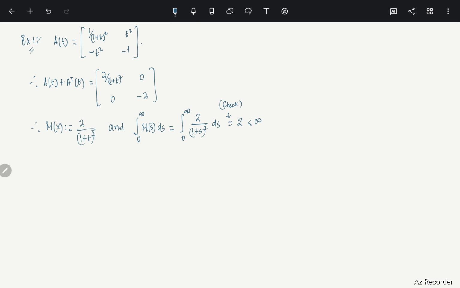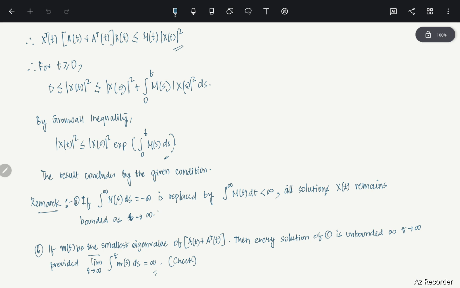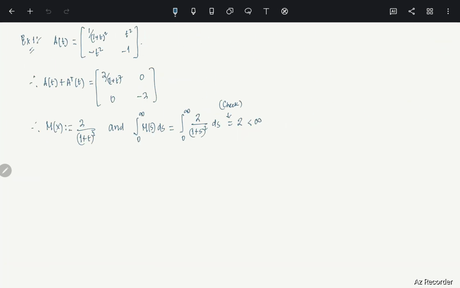So you use the first part of the remark: if the integral up till infinity of m(t) dt is finite, then all solutions remain bounded as t tends to infinity. Therefore all solutions of x prime equals A(t) times x remain bounded as t tends to infinity. Very simple.